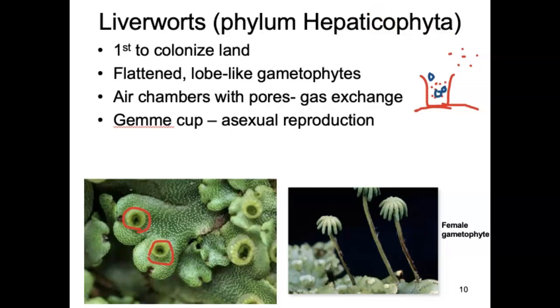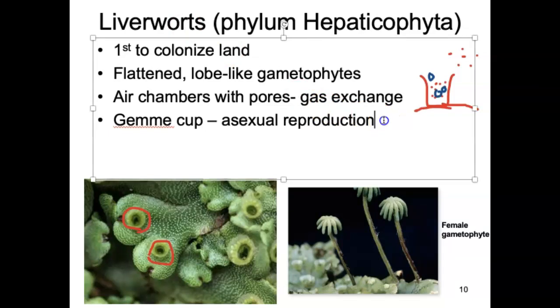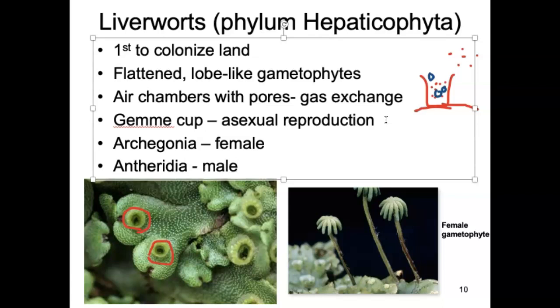When they go to reproduce sexually, they will produce two structures. The archegonia, which is going to be the female structure, and the antheridia, which is going to be the male structure. The picture to the right is the archegonia.